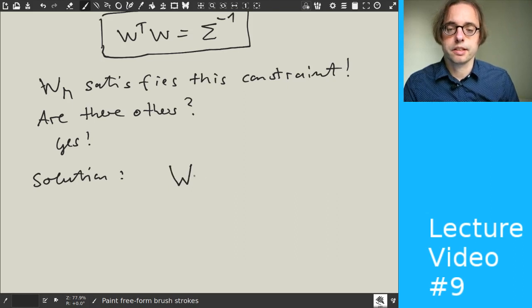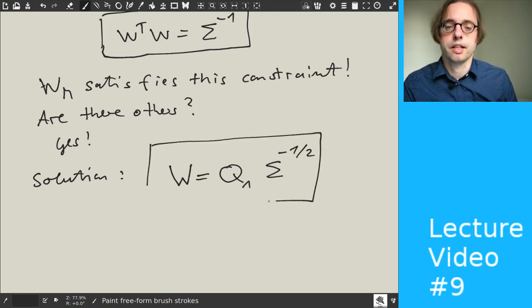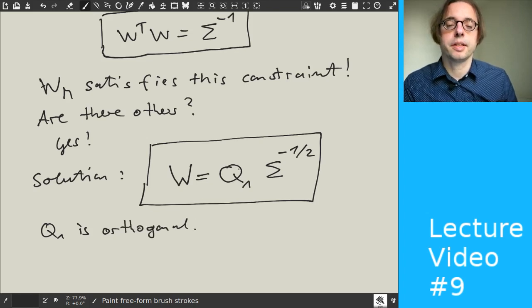So we can write any whitening matrix as the product of a rotation matrix that I call Q1 times the inverse matrix square root of the covariance matrix. So Q1 is orthogonal. So we can choose a whitening matrix by choosing Q.